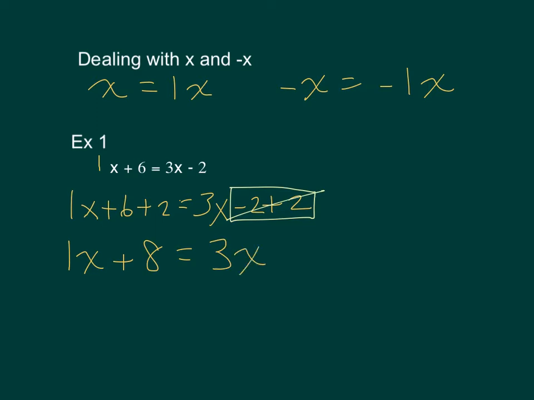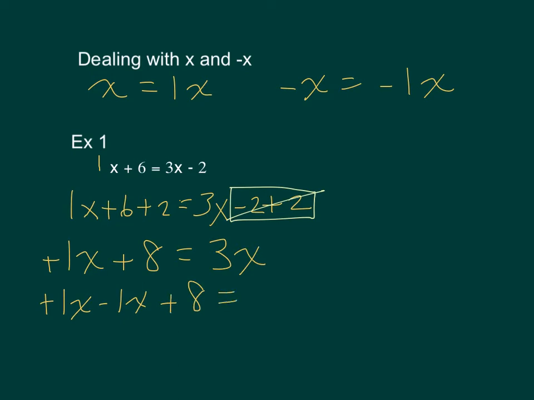Now at this point, I want to combine my x's. The smaller of my x's is going to be the 1x, and right now it's a positive 1x. I don't usually write the positive in front, but if it helps to see it, it's positive 1x. So to move it to the other side, I'm going to subtract 1x, and my plus 8 stays there.